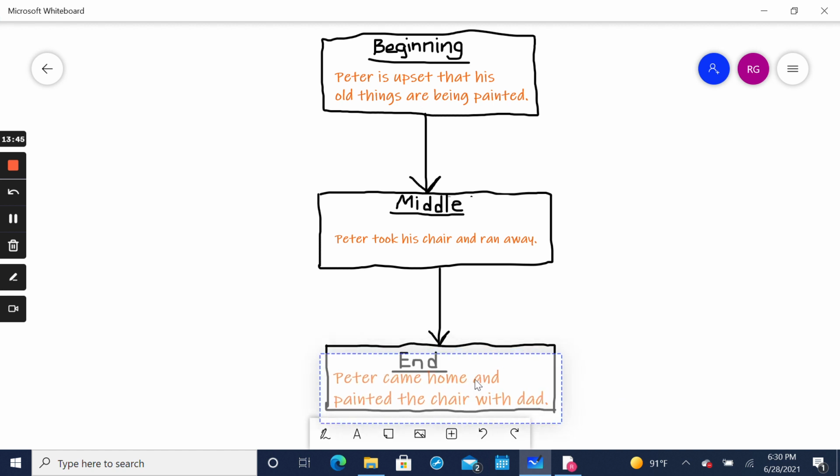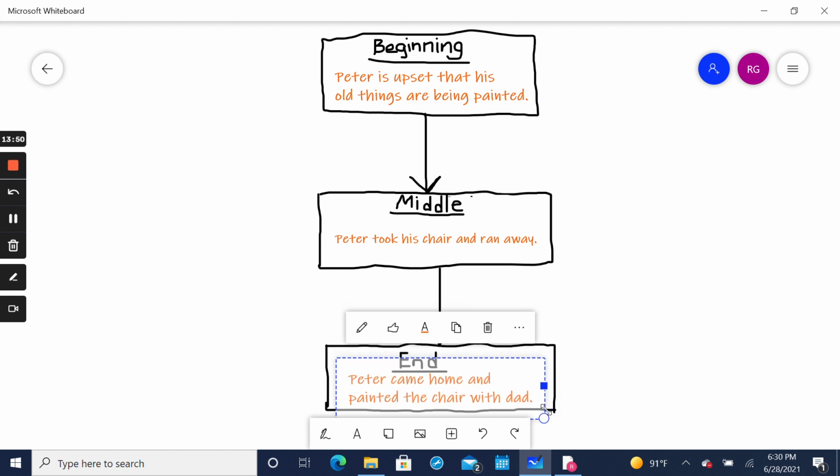So now we have a fully complete flowchart that tells us the whole plot sequence, the order in which the story happened for Peter's chair. First, Peter was upset that his old things were being painted. Then Peter took his chair and ran away. And finally, at the end, Peter came home and painted the chair with his dad.